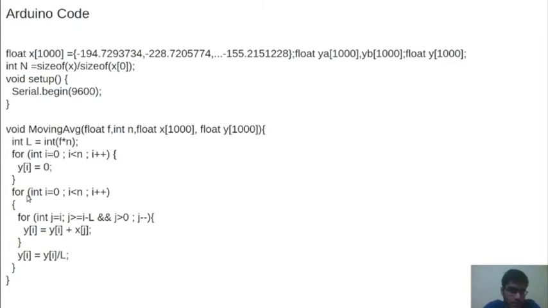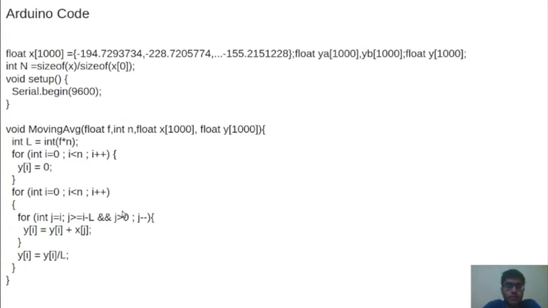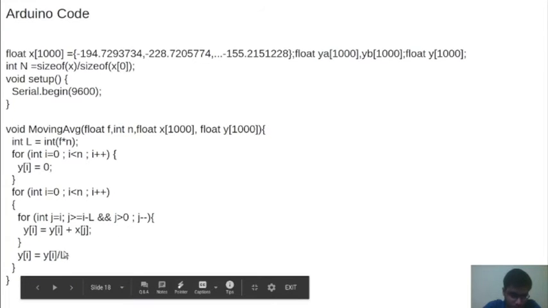Then we are traversing through all the elements, and again the same condition: how many samples we are taking, 8 or 800, and also we are ensuring that it's not going negative, and then we are multiplying with the averaging factor.